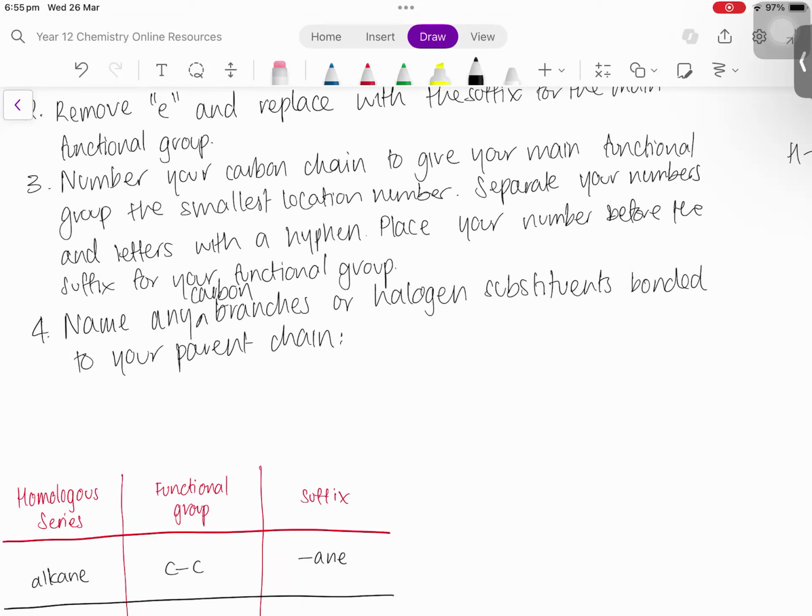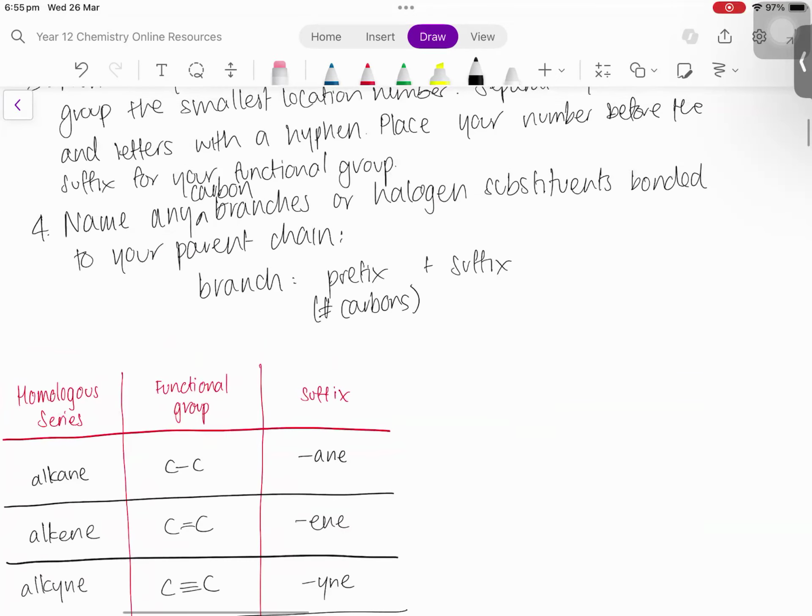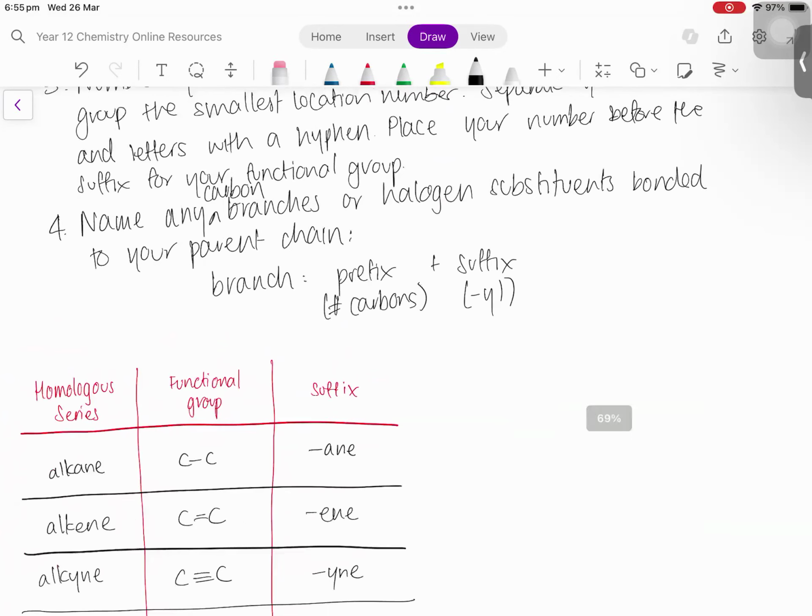Now, if it's additional carbons bonded to your main chain, you call that a branch. If you're naming a branch, you have your prefix, which is the number of carbons, and then you have your suffix. Your suffix for any branch is not going to be part of your summary table, okay? Your suffix for a branch is always going to be -yl, all right?